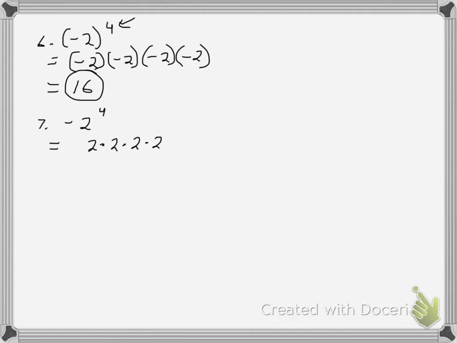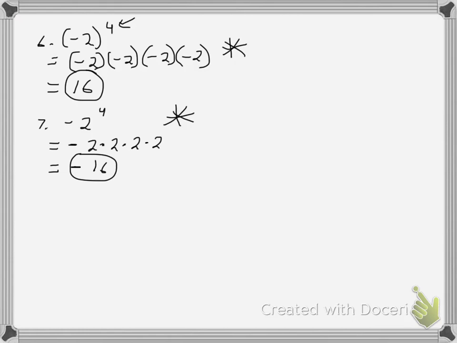So I'm only raising the 2 to the 4th power, and then I have a negative in front of it. So my answer will be negative, and 4 times 4 is 16. Please pay close attention to this versus this, because that is a frequent error among students. Read over the sections that he explains carefully in class.